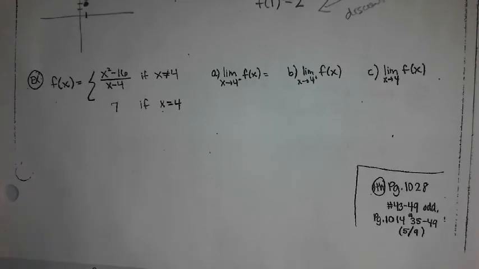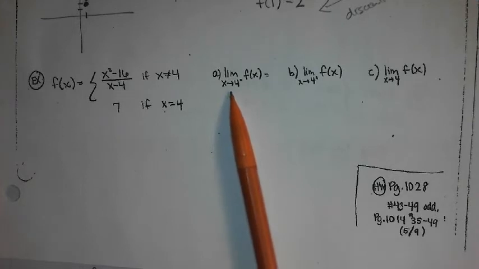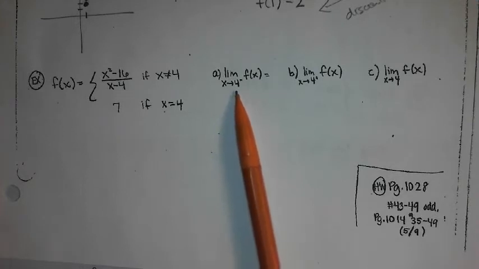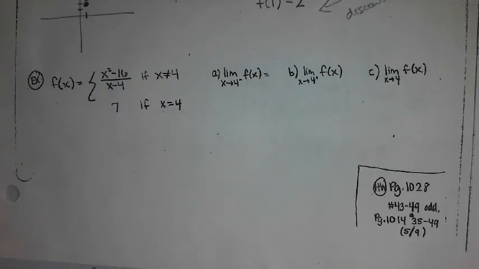Okay. What equation are we going to plug this into if we're approaching 4 from the left, Nathan Z? The top one. Now what will happen if I plug in 4? 0 over 0, indeterminate, which I think I spelled wrong yesterday, by the way.